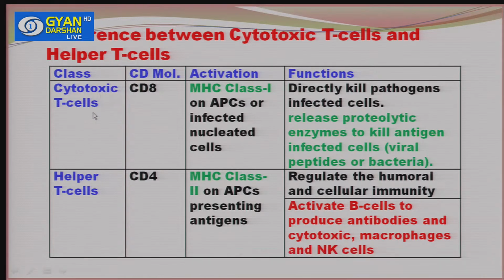In terms of CD, the cluster of differentiation molecules, cytotoxic T cells are CD8-positive and T helper cells are CD4-positive. Cytotoxic T cells are activated by the MHC class I molecule on the APCs or infected nucleated cells, and helper T cells are activated through MHC class II on the antigen presenting cells.